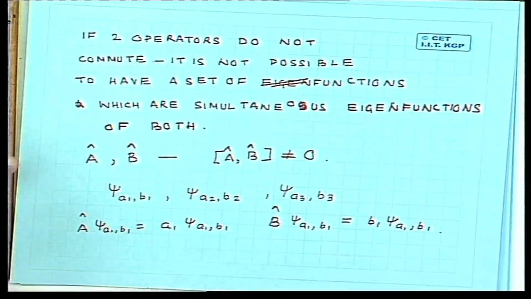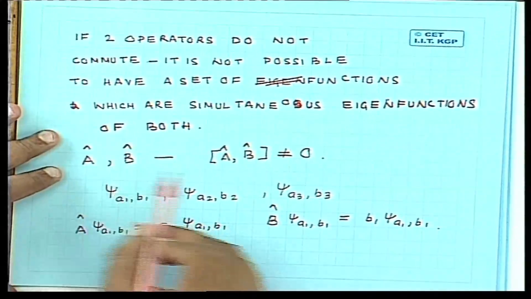Okay, so we have just proved that you cannot have a simultaneous set of eigenfunctions for two operators which don't commute.